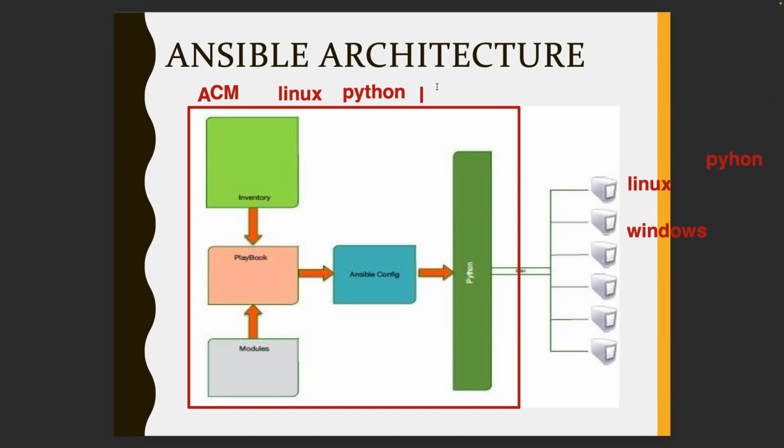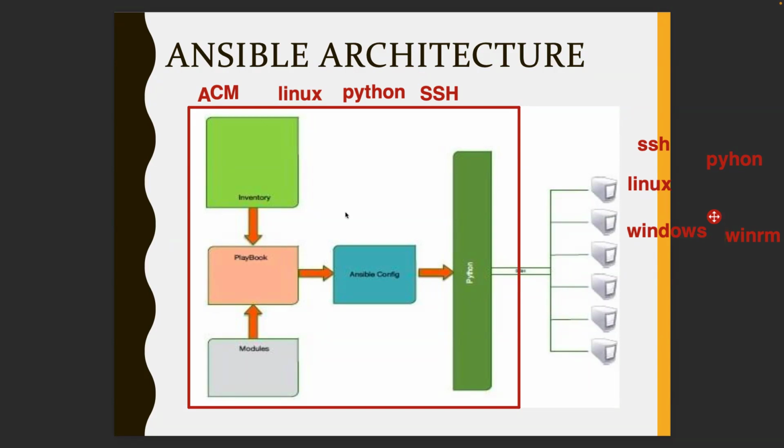Also, Ansible connects to the targets via SSH, secure shell. So SSH should be installed on all the machines. SSH also comes by default on all Linux machines. For Windows, it uses something called WinRM, Windows Remote Management. So these are a few prerequisites.